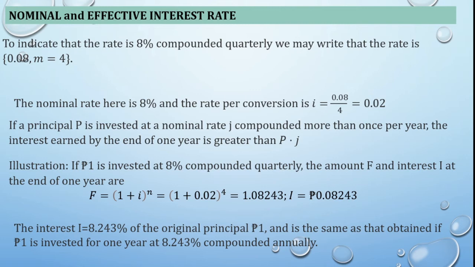The interest I, 8.243% of the original principal 1 peso, is the same as that obtained if 1 peso is invested for 1 year at 8.243% compounded annually. Clearly, compounding multiple times in a year will yield a greater interest.